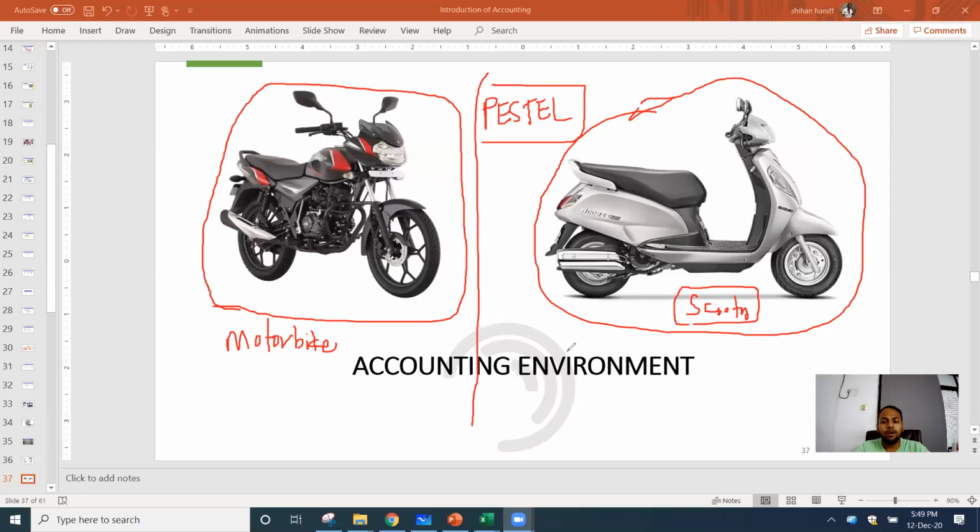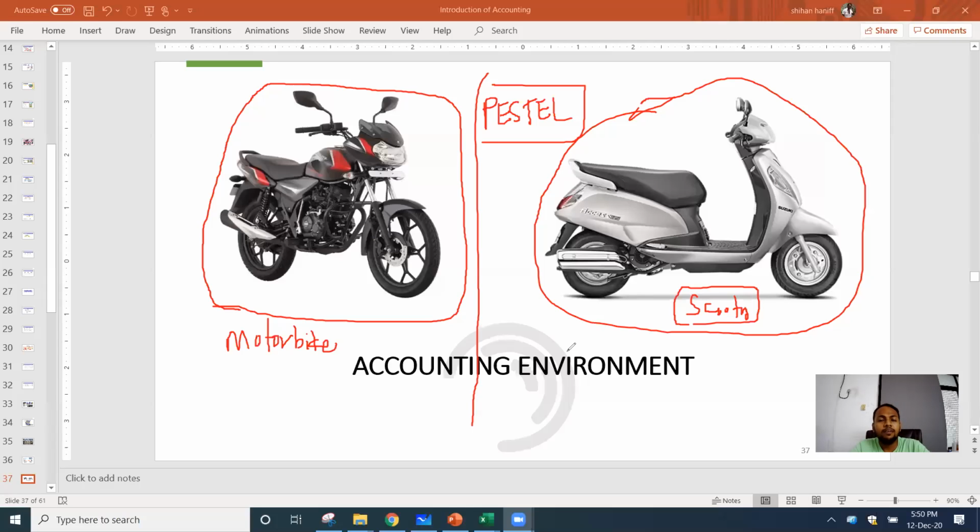One is technological environment, another is economical environment. Technology wise, this is much better. You can charge your mobile phone, you can keep it spacious, you can keep a lot of things in the bike itself.